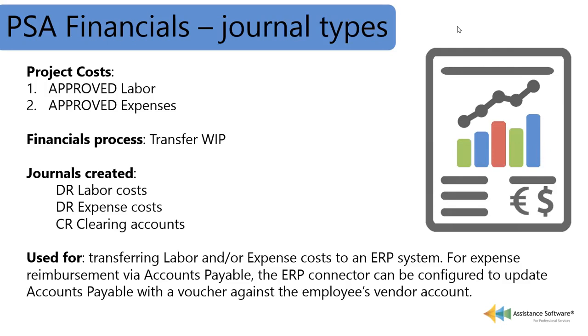And the journals created if you do want to transfer these costs, and this is an example, would be to debit your labor costs, debit your expenses, and credit your clearing accounts. The clearing account would be offset by any external payroll provider journal that is introduced into your financials account.